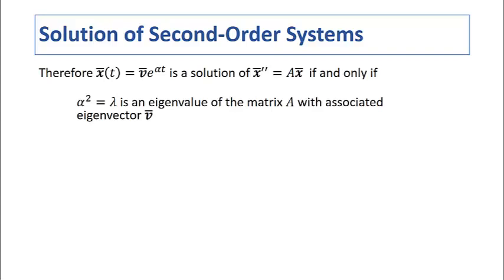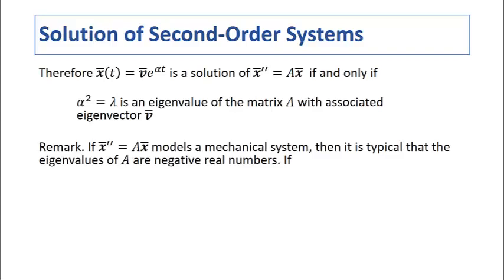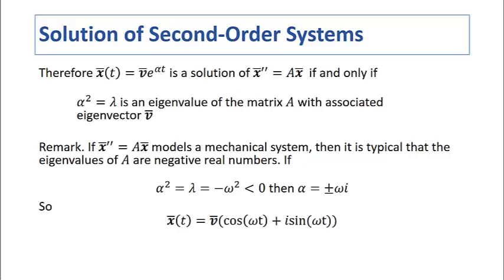Great. Now, as a remark, if this system, x'' = Ax, models a mechanical system, it's typical that the eigenvalues of A are negative real numbers. So -4, -9, -16, something like that, or -5, it doesn't have to be a perfect square. And so if α² = λ, and our eigenvalues are negative real numbers, then that tells us that α is plus or minus ωi.